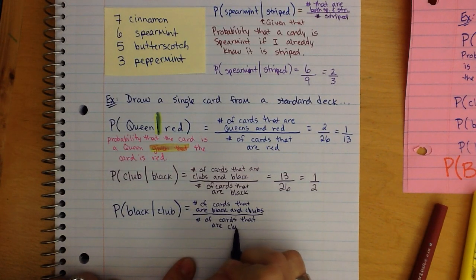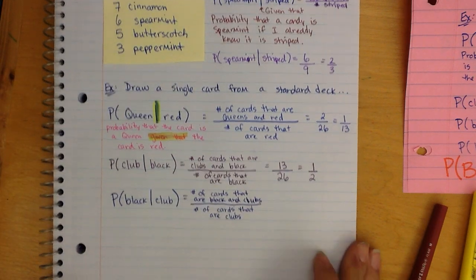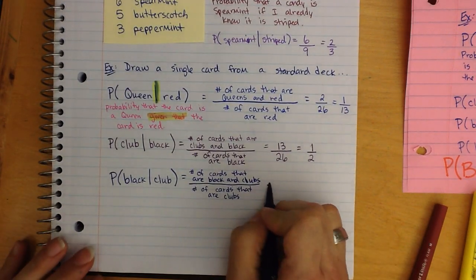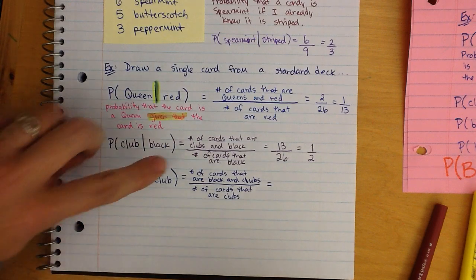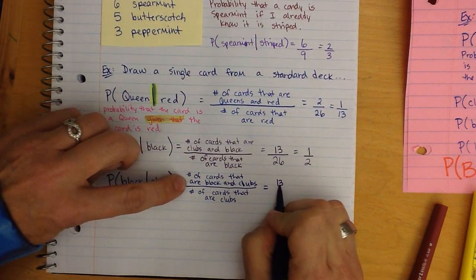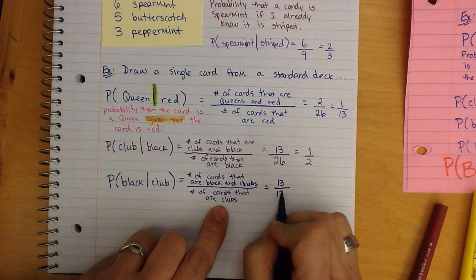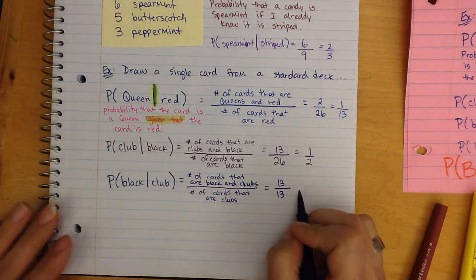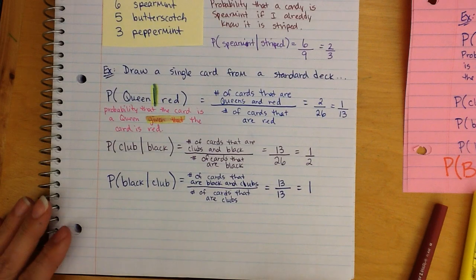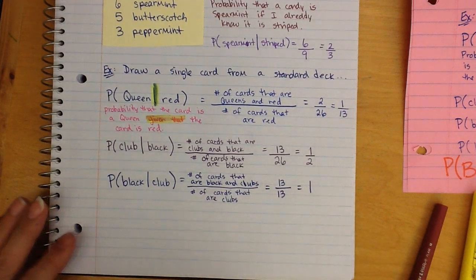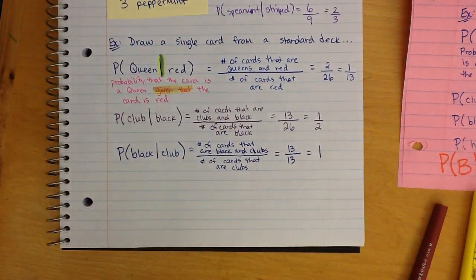So if I already know that the card I drew was a club, the probability that it is black would be, there are 13 blacks and clubs, out of 13 clubs. So if you already know you have a club, the probability that it is a black card is 1, which is the same thing as 100%. So you're guaranteed that that would be a black card.